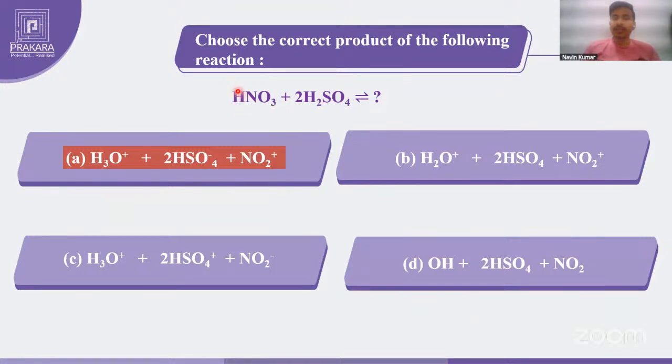Here you can see the total number of hydrogen is 5, while in option B, the total number of hydrogen is only 4. This reaction is not a well balanced reaction, which means option B is also an incorrect option.